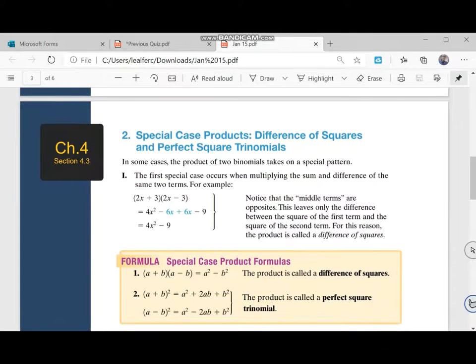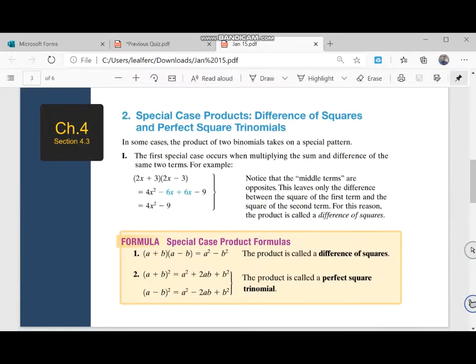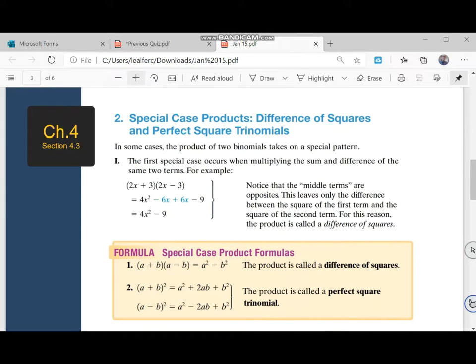Okay, let's move on, because we have a new topic, a new way of solving polynomials, special cases, which is going to be even faster than the FOIL method. Check this out. Special case products: difference of squares and perfect square trinomials.